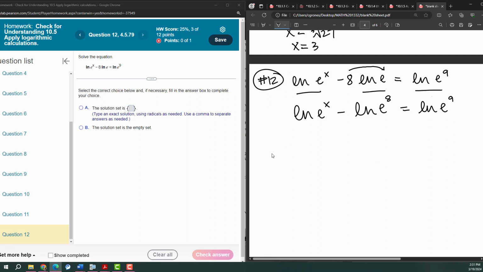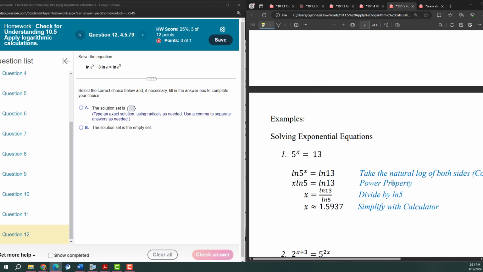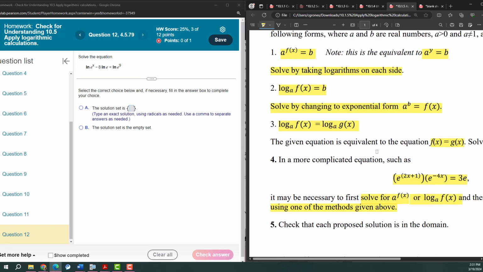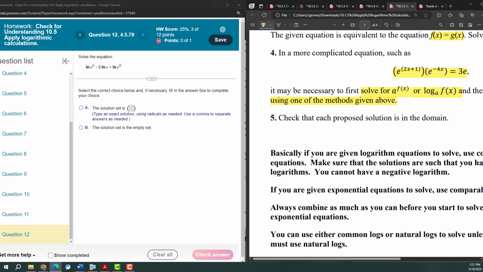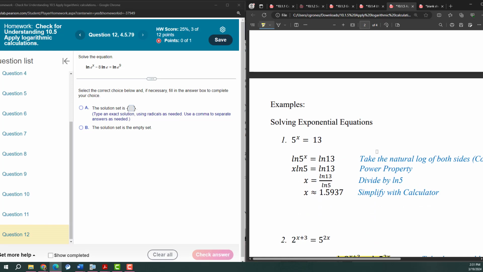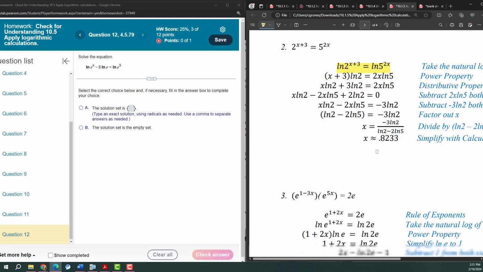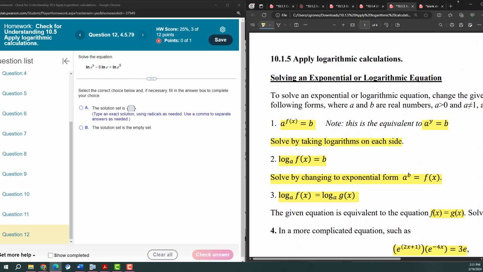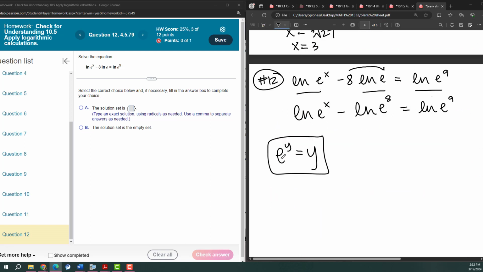Now remember that e to the y equals y. I believe it's somewhere in your notes. Not going to look for it, but just e to the y equals y.